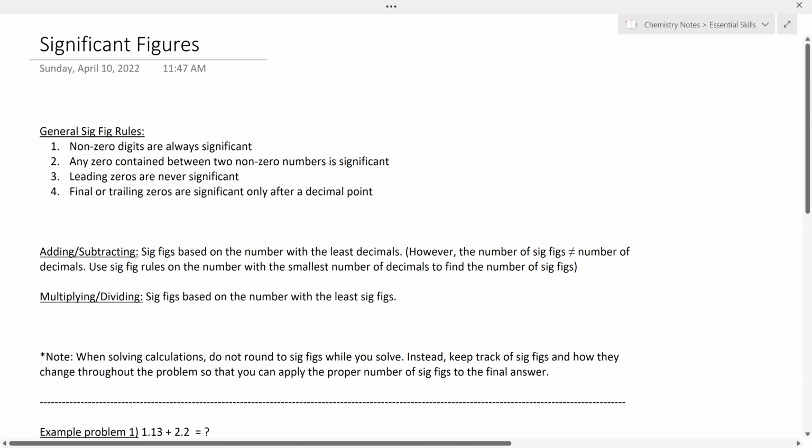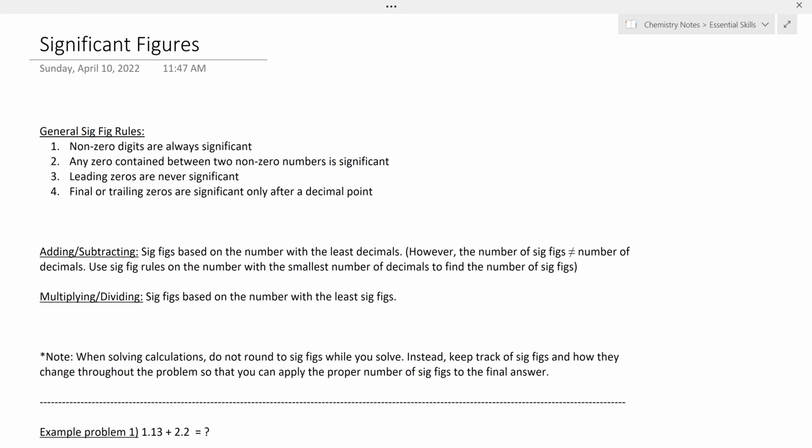That's how everything had worded it before, but it needed to be more specific. So the number of sig figs does not equal the number of decimals. All it tells you about the number with the least decimals is which number you're going to use to tell your sig figs. That's completely separate from the decimals though. And we'll go over that in our example problems, okay?